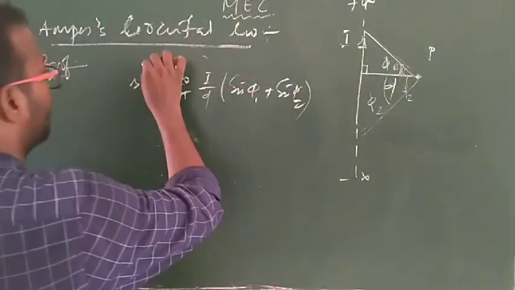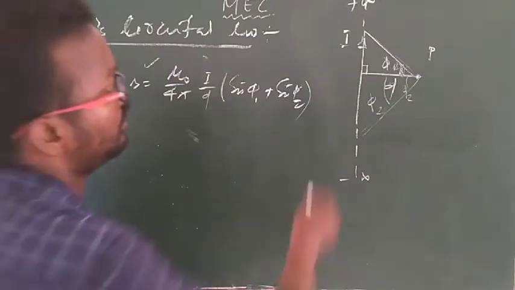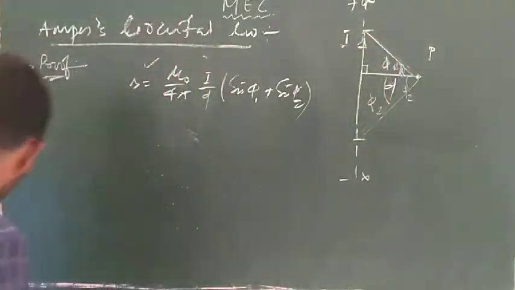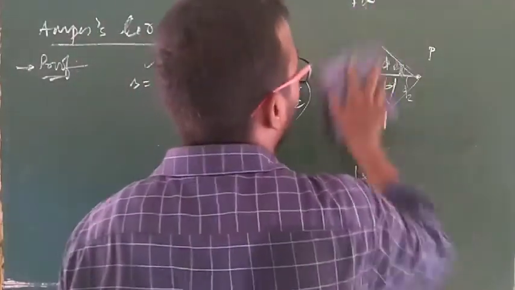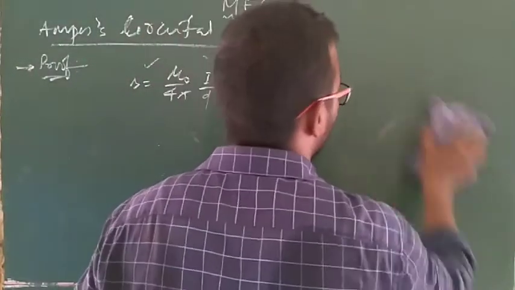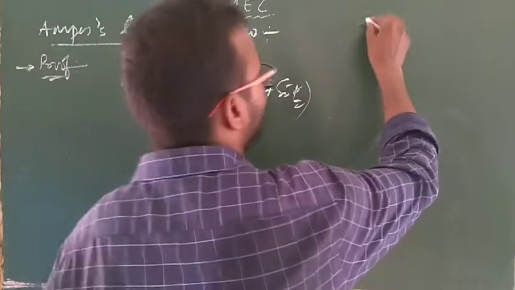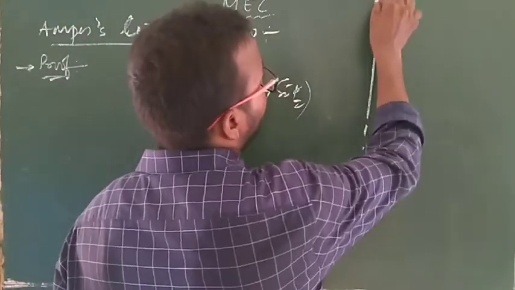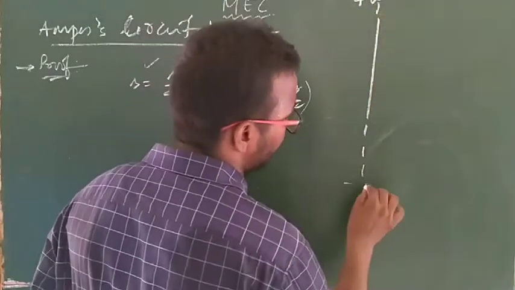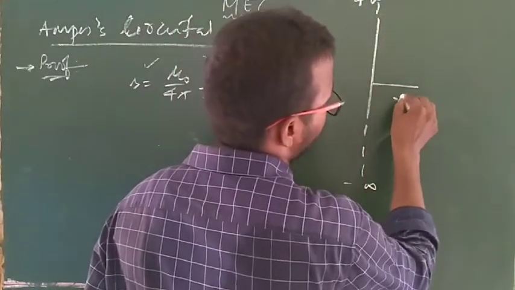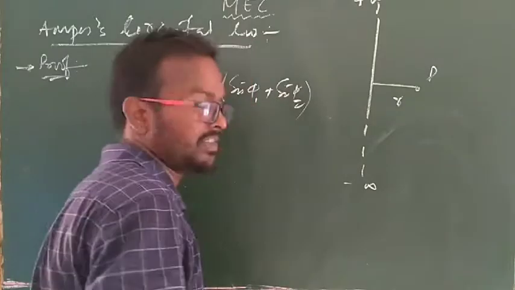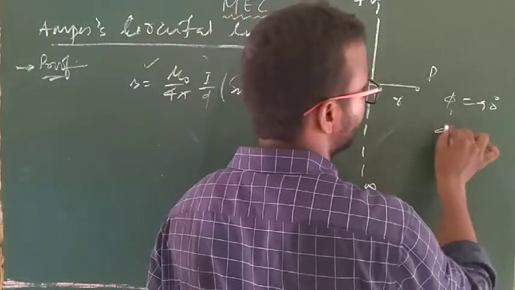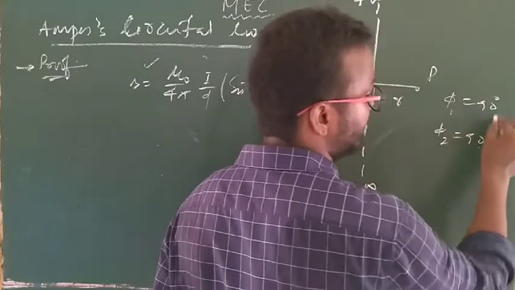This is the mathematical formula for B due to a current carrying conductor from A to B. Here suppose we have an infinite long straight conductor. This is plus infinity, this is minus infinity, and this distance is D at point P. For infinite length, phi 1 equals 90 degrees and phi 2 equals 90 degrees.